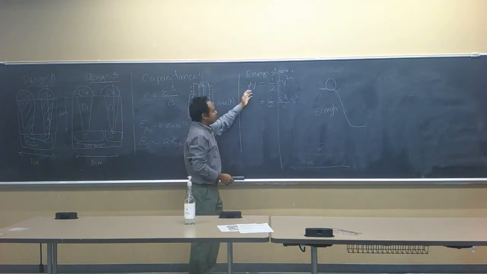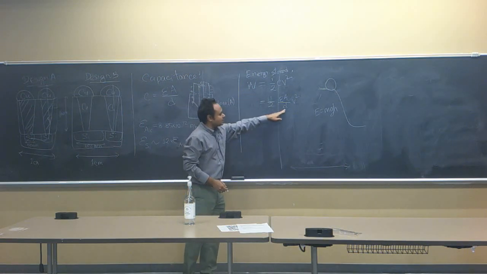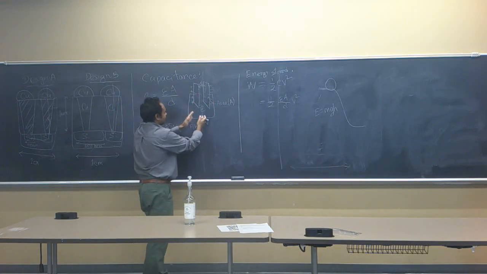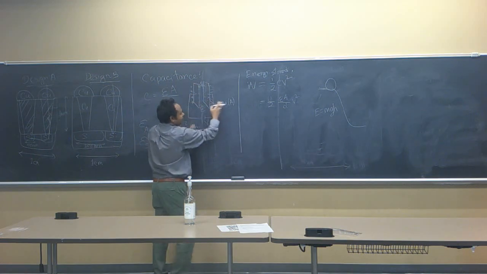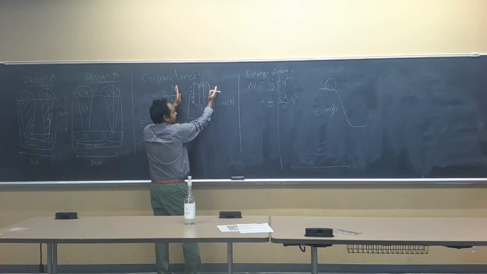So this tells you immediately that in order to reduce your energy, you must increase the distance between the copper plates. So if you connect these voltages across these copper plates, in order to reduce the energy, these copper plates, if they can move around, will go further away from each other.